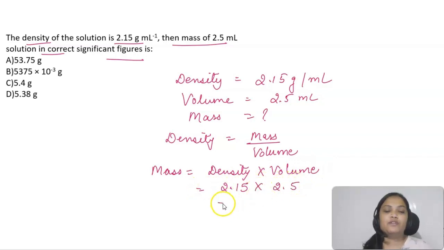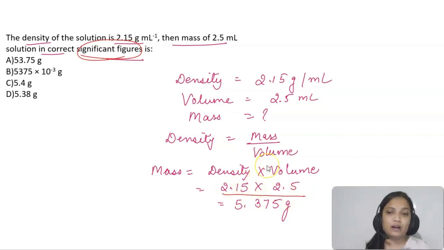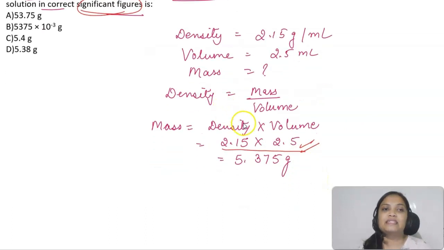When we solve it, it will come out to be 5.375 grams. But is this our answer? No, right? Why? Because we need to give the answer in correct significant figures. And I told you that whenever we are multiplying two numbers, the number of significant figures will not exceed the one that has the least significant figures.